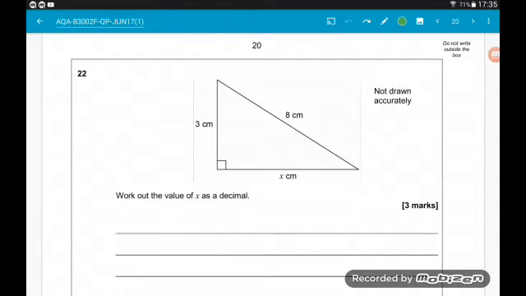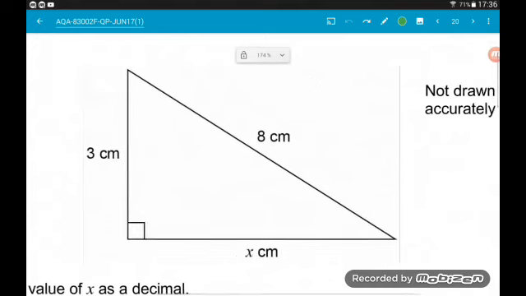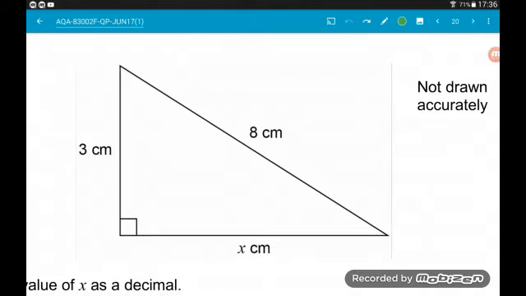Okay, question 22, we want to work out the side of this right-angled triangle marked X. So, what lovely rule do we know with right-angled triangles when it comes to finding lengths? Pythagoras. If we know two lengths, we can work out the third one.